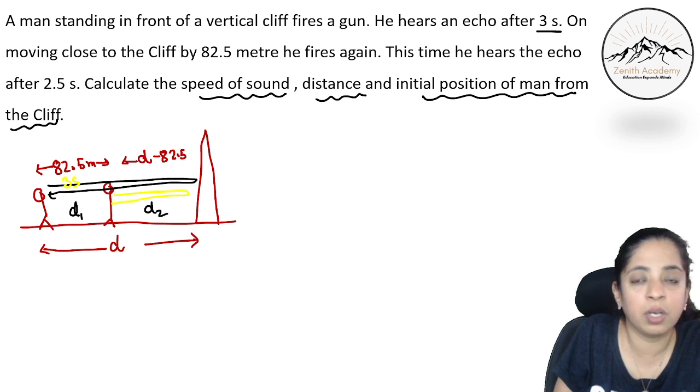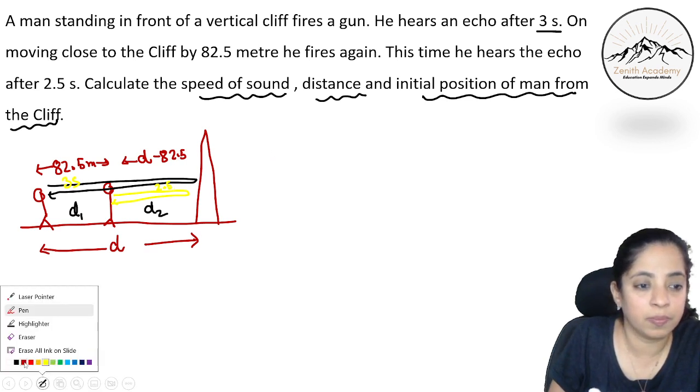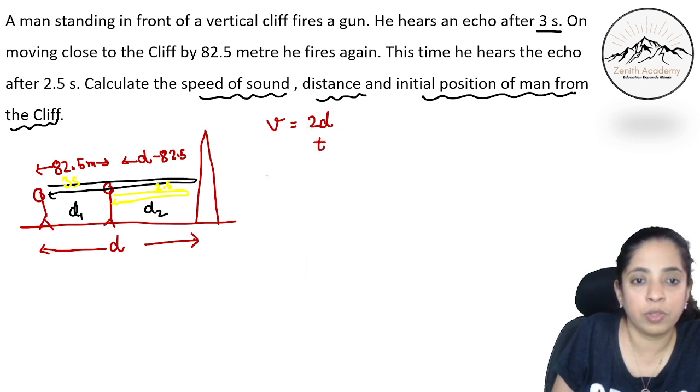And from here to here in 2.5 seconds. So for the first, velocity is 2d by time.